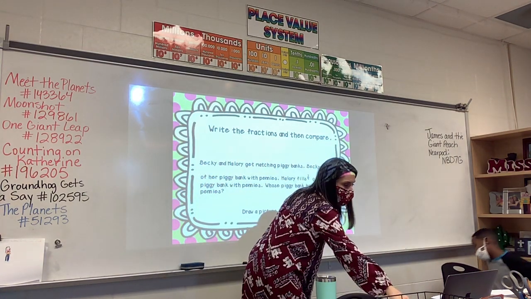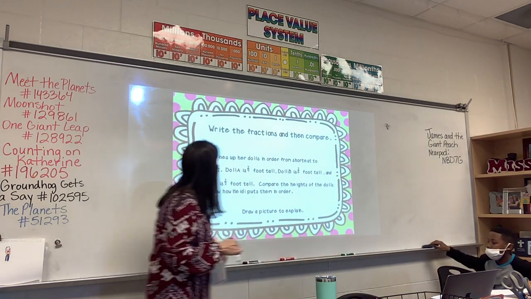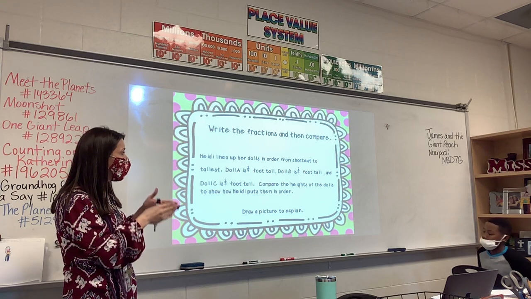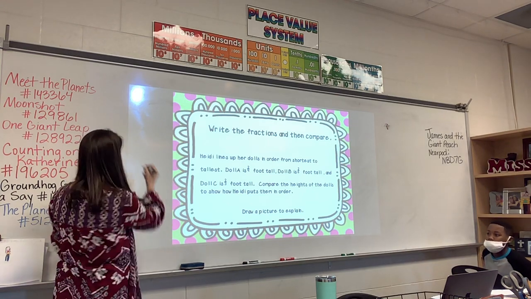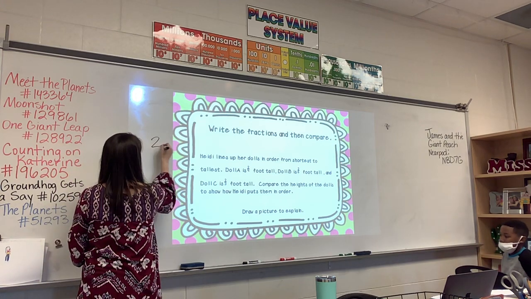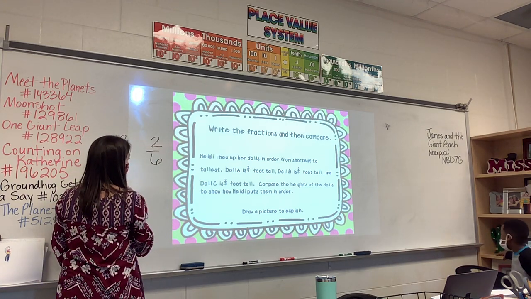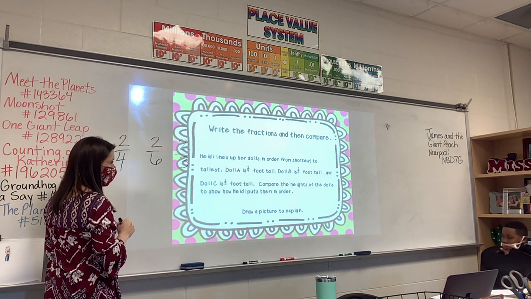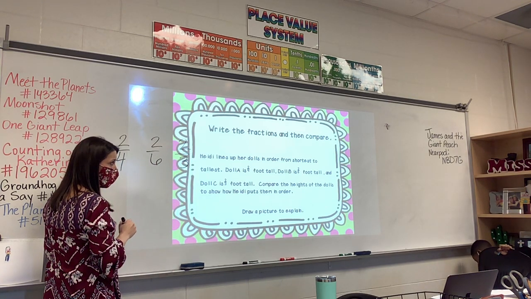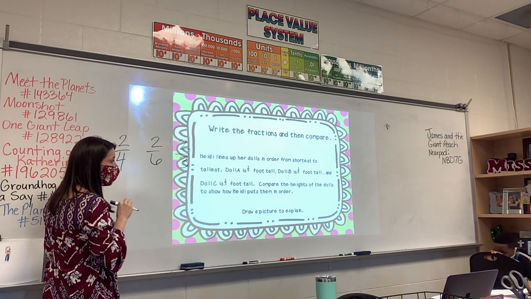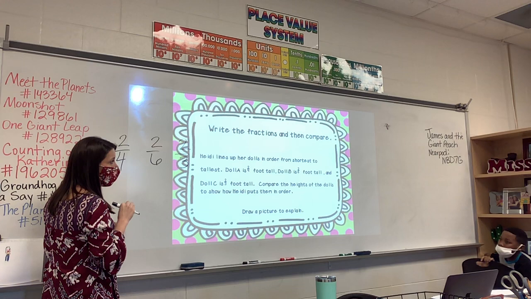Let's see. Should be the last one we got. Heidi lines up her dolls in order from the shortest to the tallest. Doll A is 2/4. Doll B is 2/6. And doll C is 2/3. How are we going to do that? Simple.